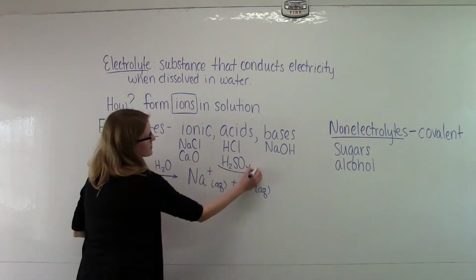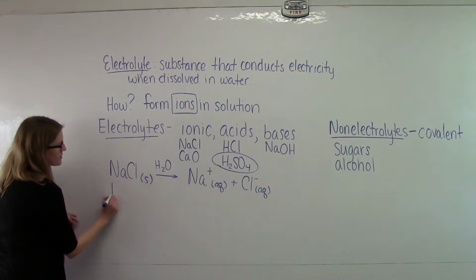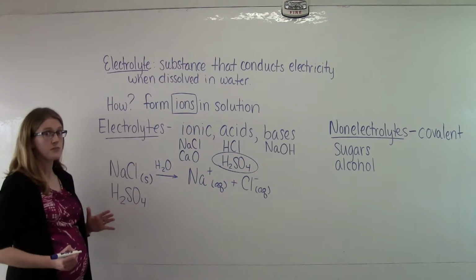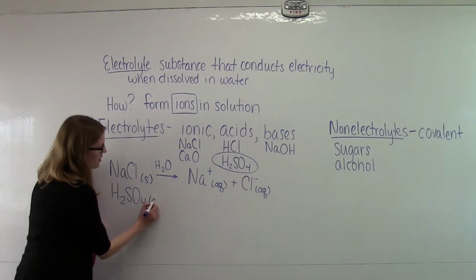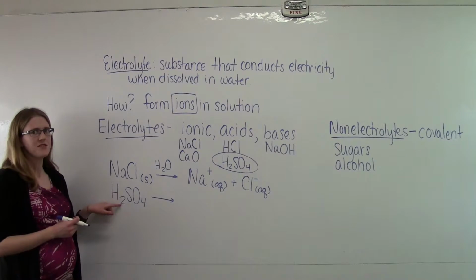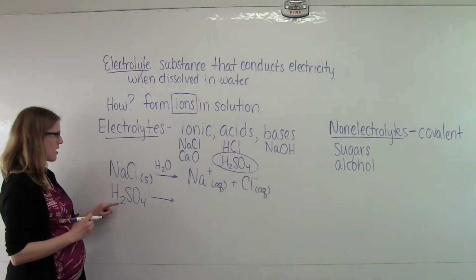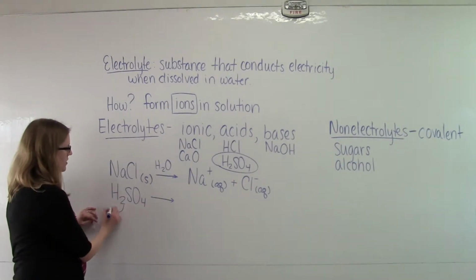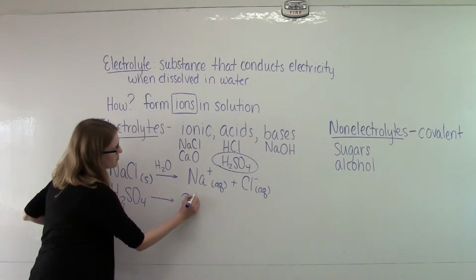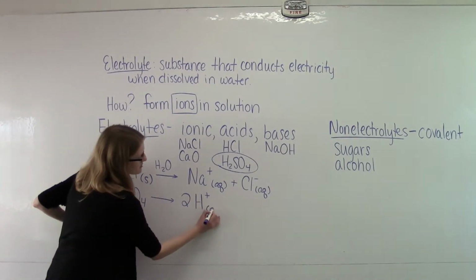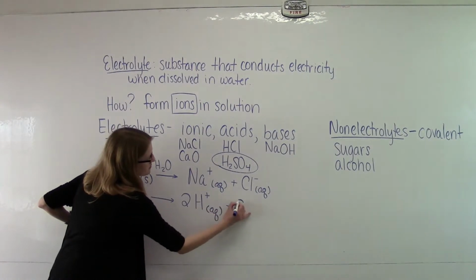Now, let's look at this acid here, because you're going to see that acids do the same. I won't put the phases of matter there. Do you remember what happens to the 2 when we split it apart? It doesn't become H2, that's actually hydrogen gas. Instead, that 2 gets moved to the front: 2H+ aqueous, plus SO4.